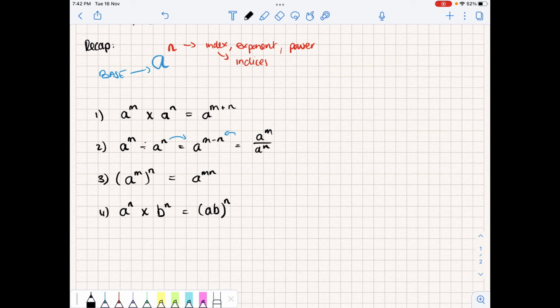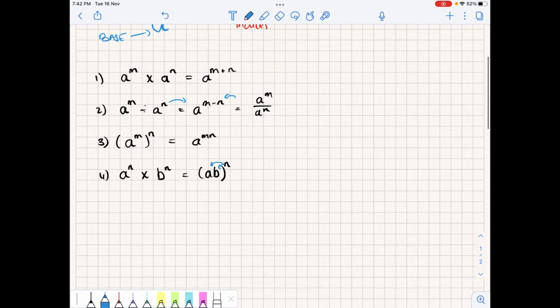Okay, and this comes from the fact that it actually works backward, because when we raise something in a bracket by a power, by the laws of distribution, we would have had to raise everything in the bracket by the power. And so we can just work backwards, that if we have two numbers that are raised by the same power, we can just multiply the bases together and raise them by that power.